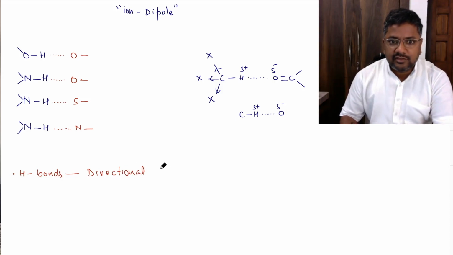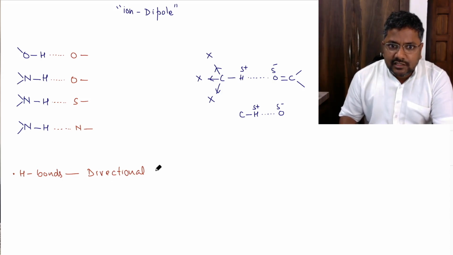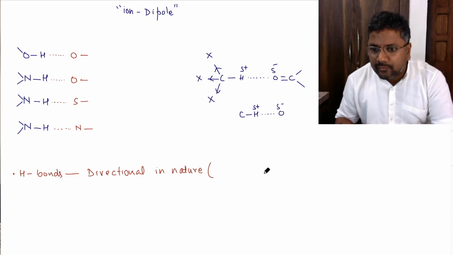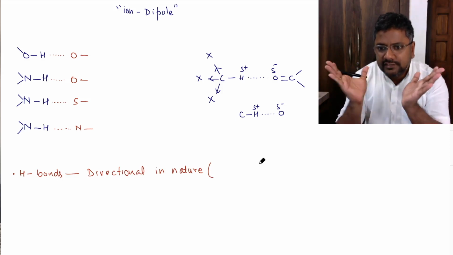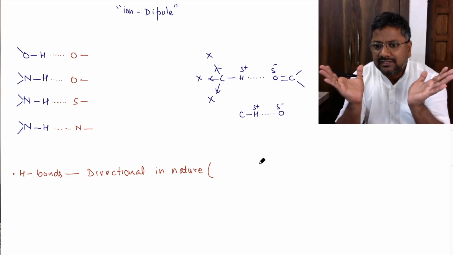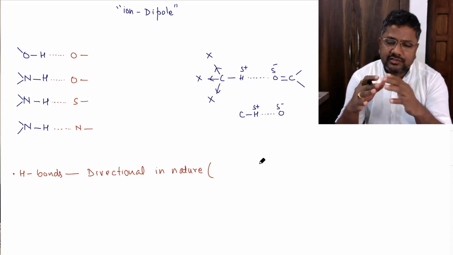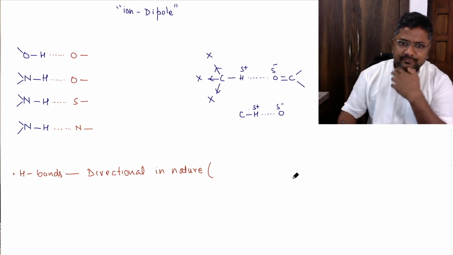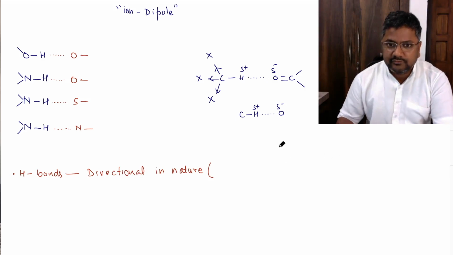So what direction are we considering? Directional in the direction in which lone pairs are oriented. The hydrogen bonds try to form in that direction, especially when the electronegative atom is sp2 hybridized, not for sp3 or sp.